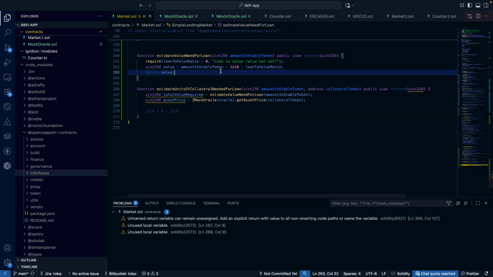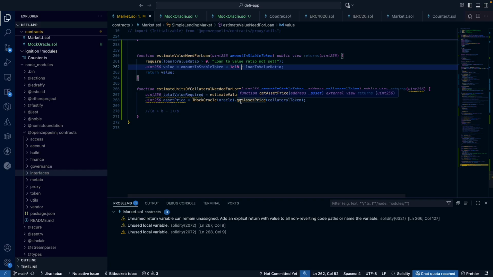Okay. I think similarly, we're gonna have a similar problem here actually, because when we're multiplying this and we're dividing this, there will be some leftover amount, so we need to handle that as well.